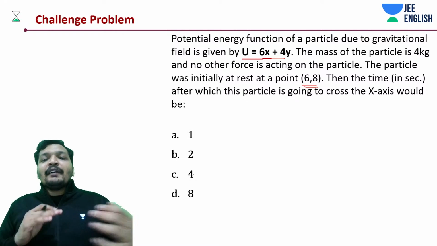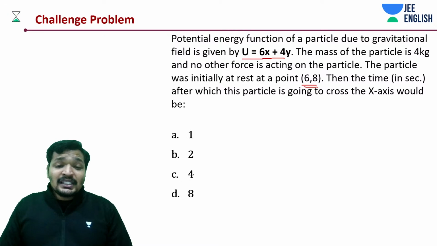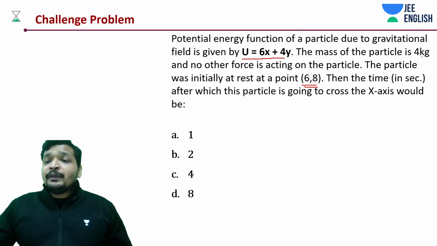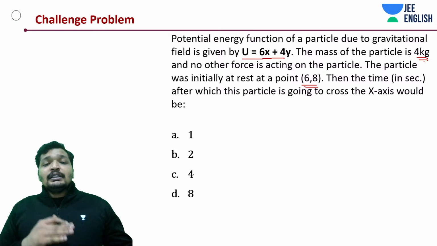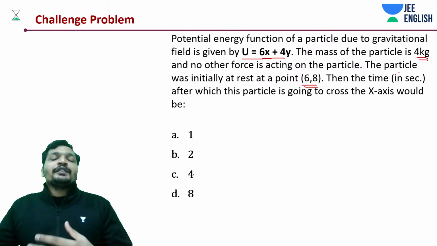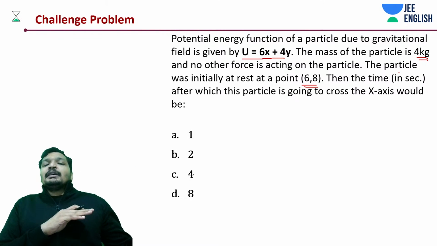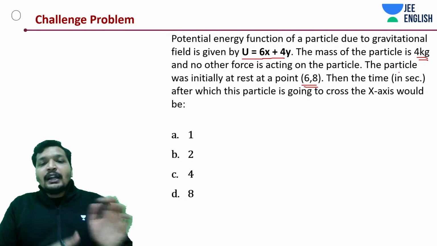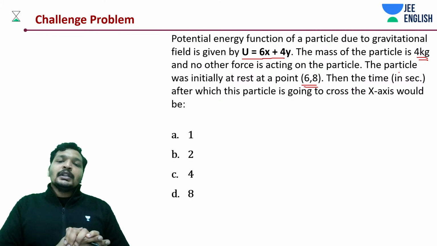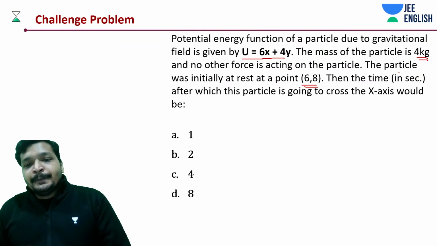Then the time after which the particle is going to cross the x-axis, whether it's going to be 1 second, and what is the weight? The mass is 4 kg. This is some potential energy function of the particle given to you. Typically you have a function for either potential or field, and you're supposed to derive, if you remember, either the field or the potential.